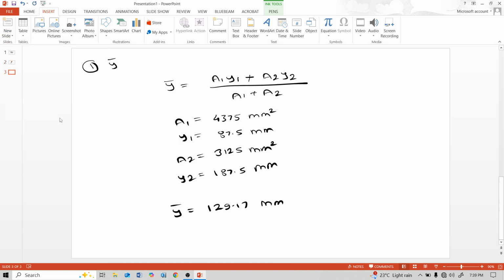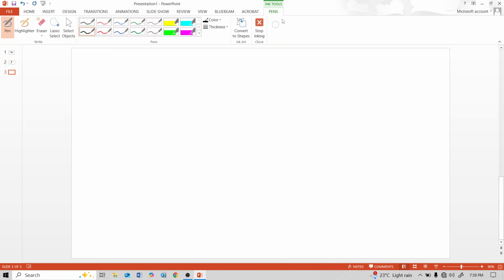Next step is to find the moment of inertia. Moment of inertia I is equal to Ix1, the moment of inertia for the web portion, plus Ix2, the moment of inertia for the flange portion.